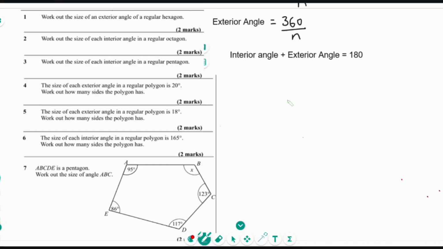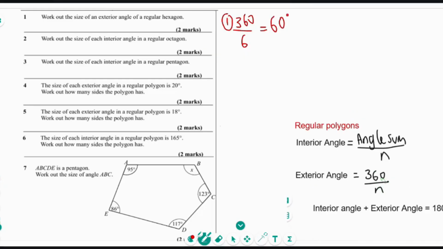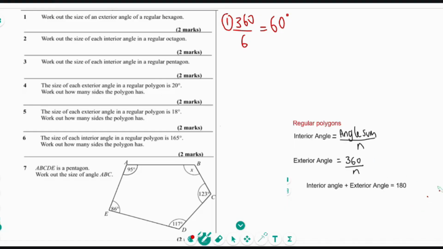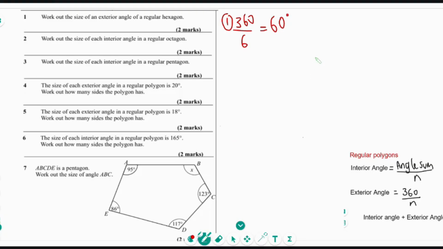Question 2. Work out the interior angle in a regular octagon. So to get an interior angle, we need the angle sum first. An octagon has 8 sides. So angle sum, 1080.